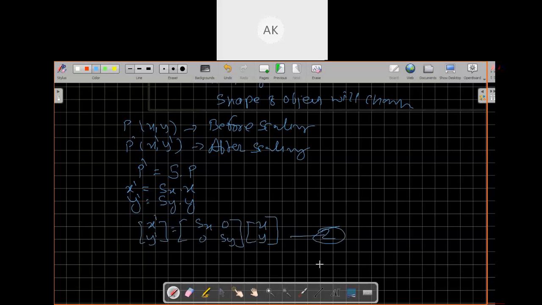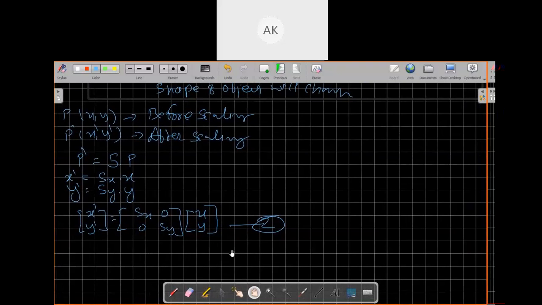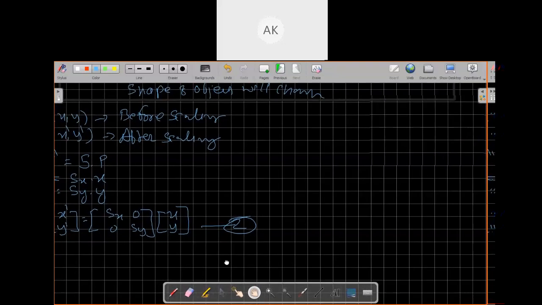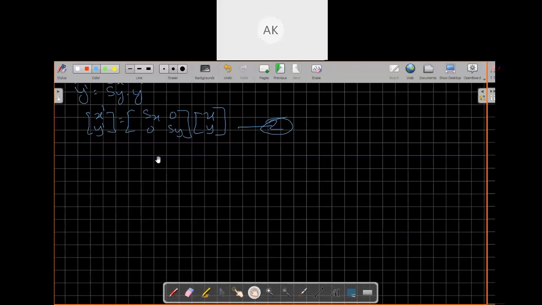Okay, so the new coordinates we will calculate as P dash equals S into P, so x dash will be sx into x, and y dash equals sy into the current position y.